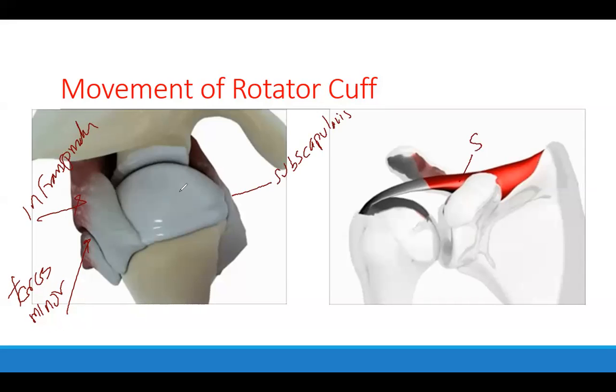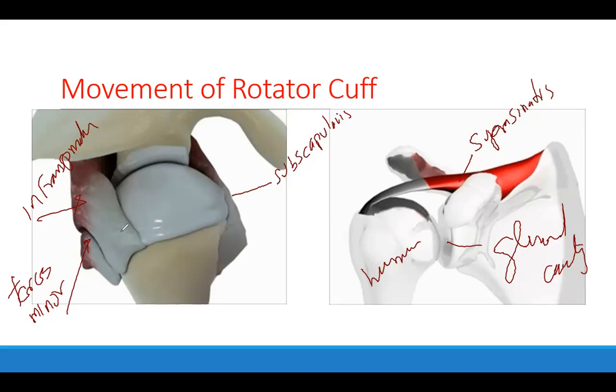Over here is the supraspinatus. Now, of course, this is the humerus here, and that's the glenoid cavity there.